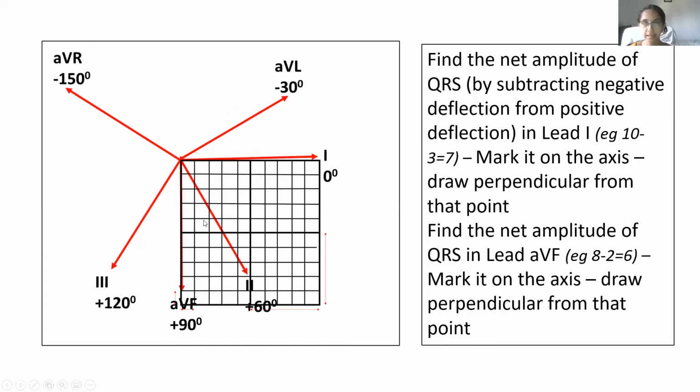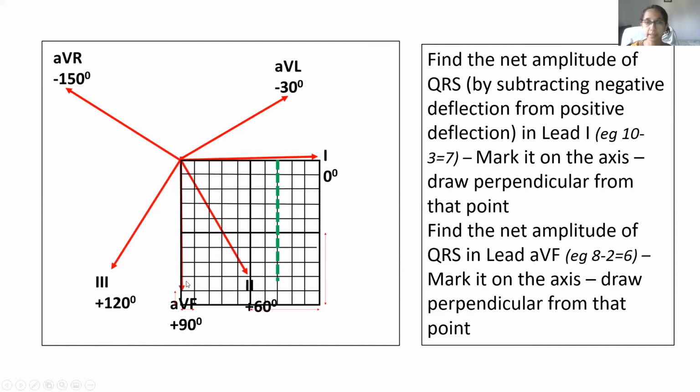Now let's take this exercise to understand what we saw in the previous slide. Find the net amplitude of QRS. Now my QRS has a positive deflection in lead 1, for example, 10 minus 3, which is 7. So in lead 1, my QRS is positive 7. I plot a point here, 1, 2, 3, 4, 5, 6, and 7. So I draw a line from this point vertically down.